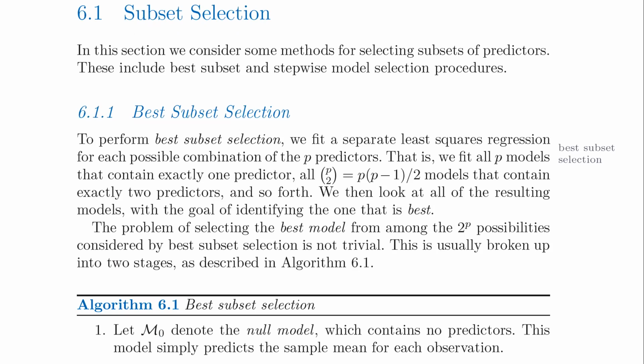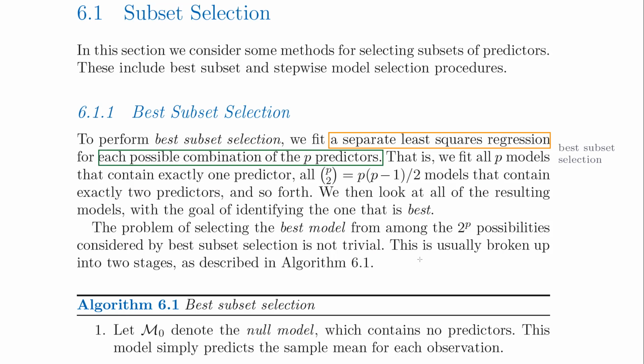To perform best subset selection, we perform a separate least squares regression for each possible combination of P predictors.